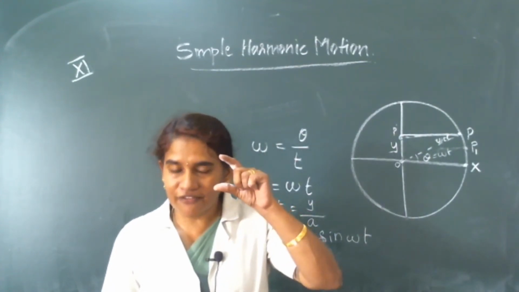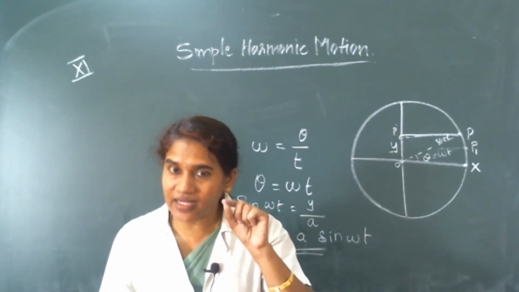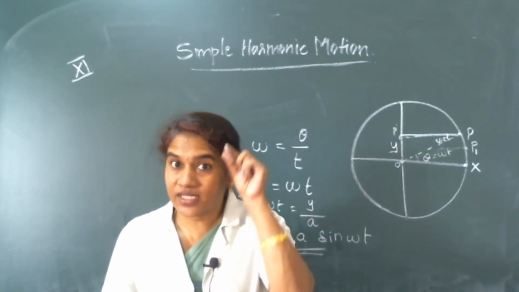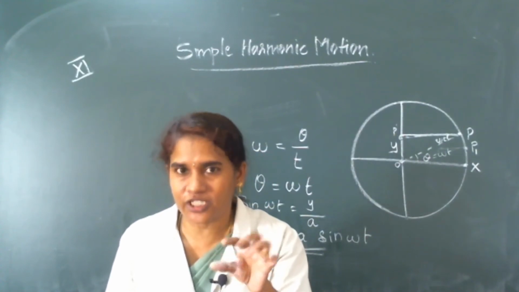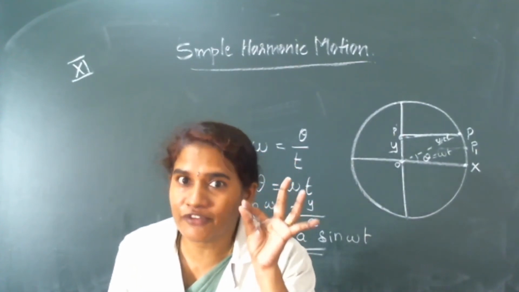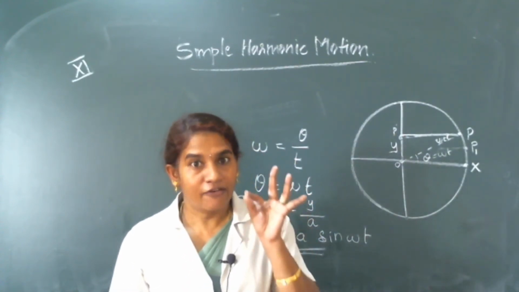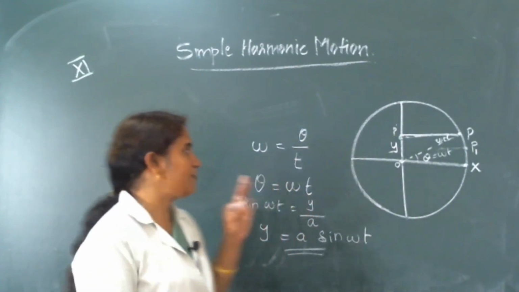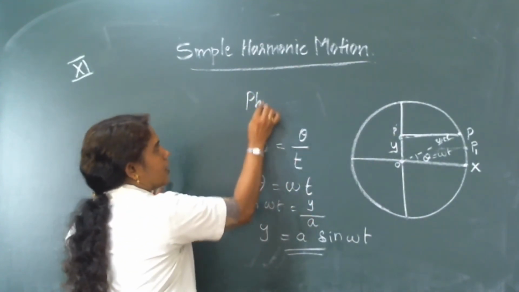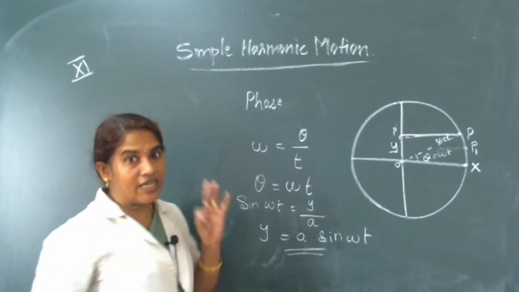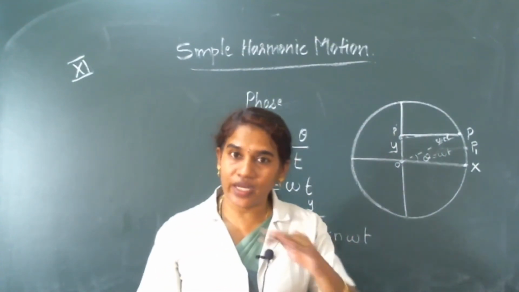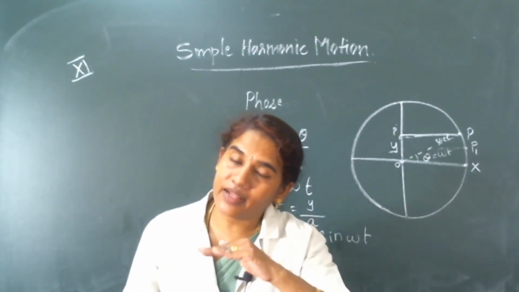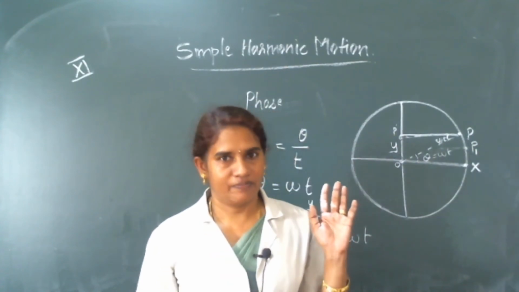If there is any difference between the starting point and the mean position, that itself is called phase, P-H-A-S-E, phase in simple harmonic motion: the difference in angle between the starting point and the mean position.